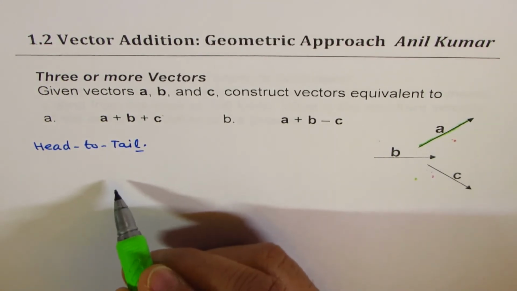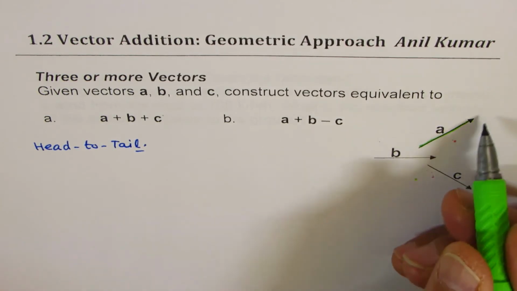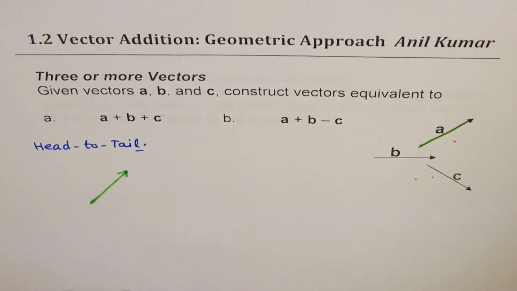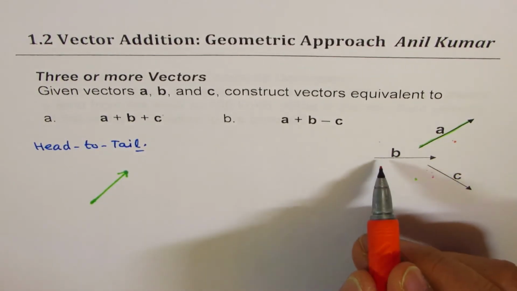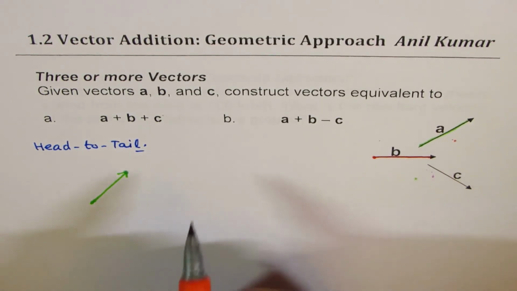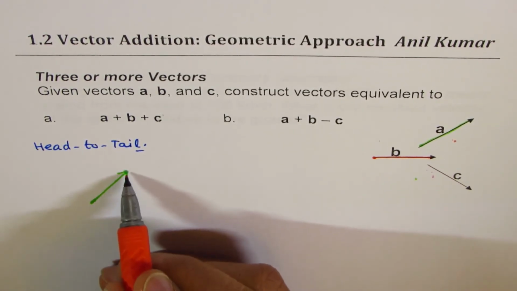So I have to construct a vector which is in the same direction and of the same length. So that is my vector A. Correct? Now vector B is kind of horizontal. We'll place this vector, the tail on the head.